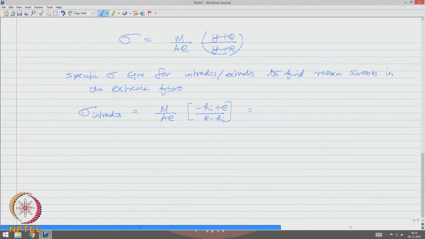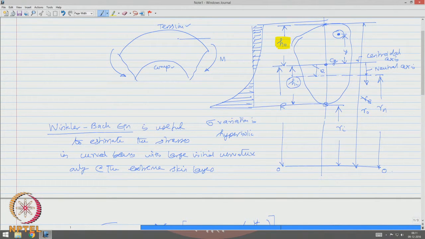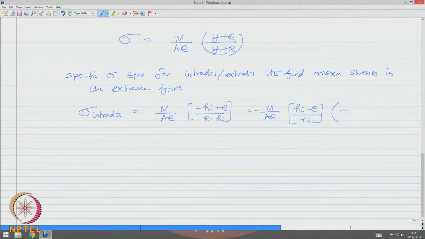So, I can rewrite this equation as M by Ae times minus of Hi minus e by Ri. If you look at the figure, r minus Hi will be actually equal to Ri. Here the negative sign indicates that the stresses will be compressive.